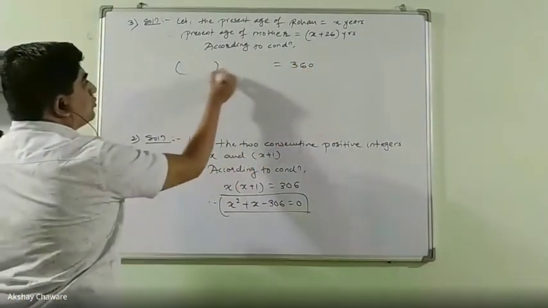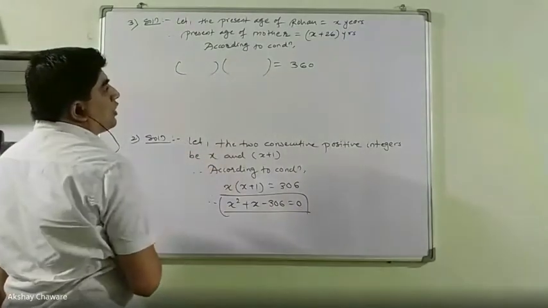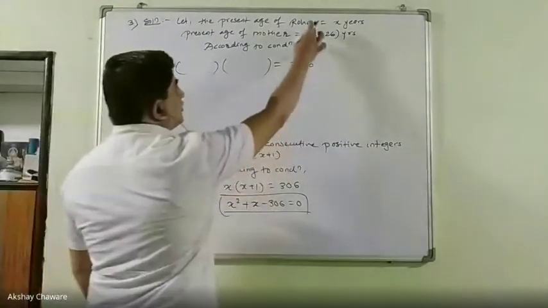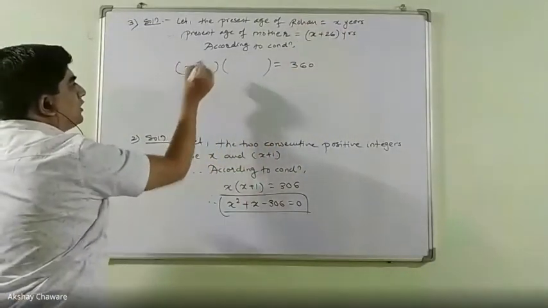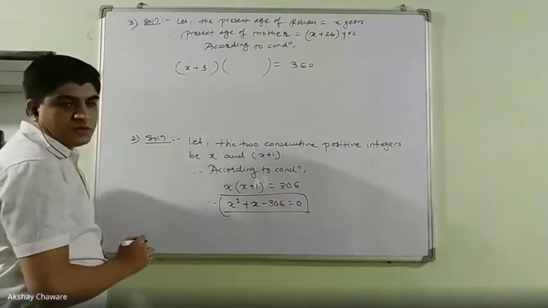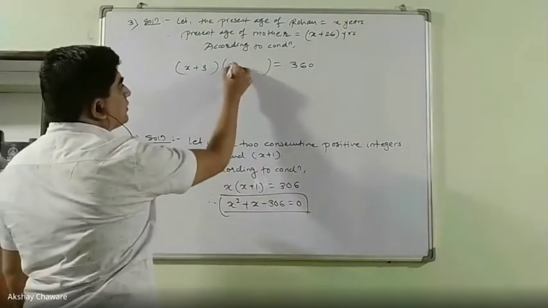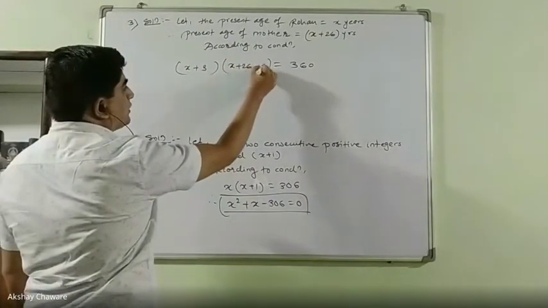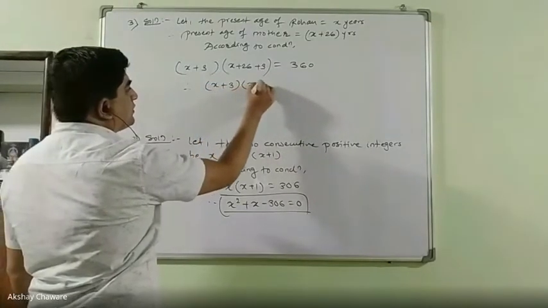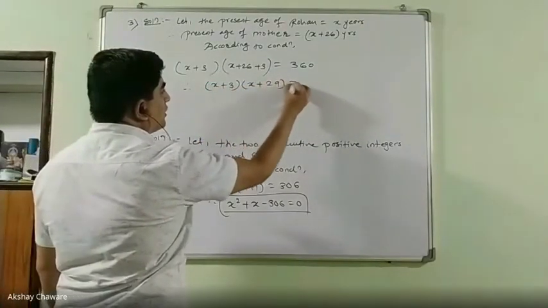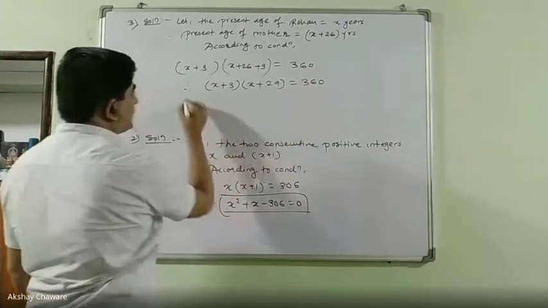So there are two brackets. 3 years from now, if Rohan's present age is x, then his age will be x plus 3 and his mother's age will be x plus 26 plus 3. So finally you have two brackets, x plus 3 into x plus 29, equal to 360.